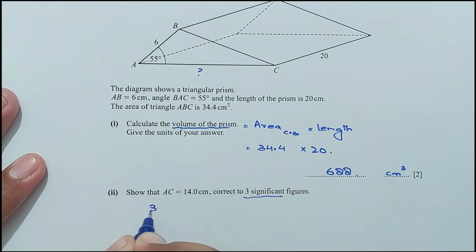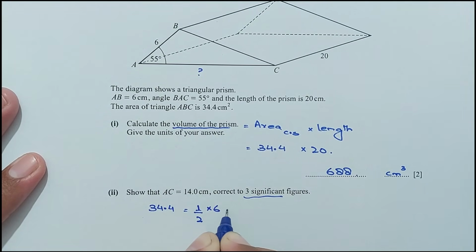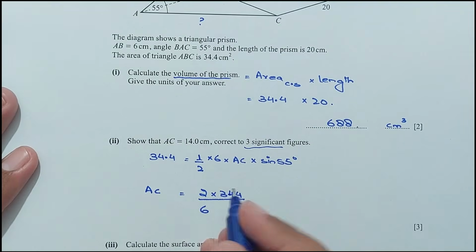The area is 34.4, which equals half times the two sides AB and AC and sine of the angle between them, which is 55 degrees. Let me solve for AC here. AC would be 2 times 34.4, divided by 6 and sine 55 degrees.